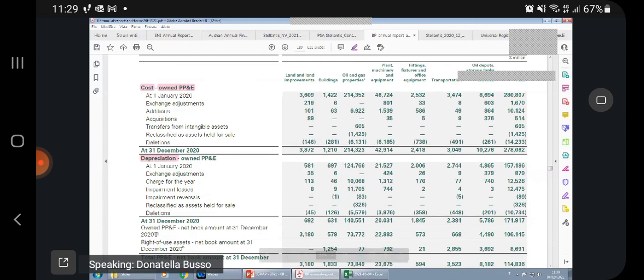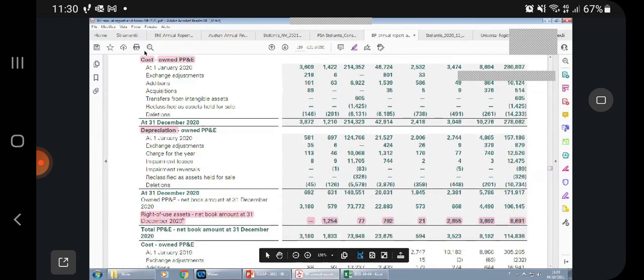Then, look here. The total amount in the balance sheet of property, plant and equipment is not 106 billion. 106 billion is the net carrying amount of owned property, plant and equipment.